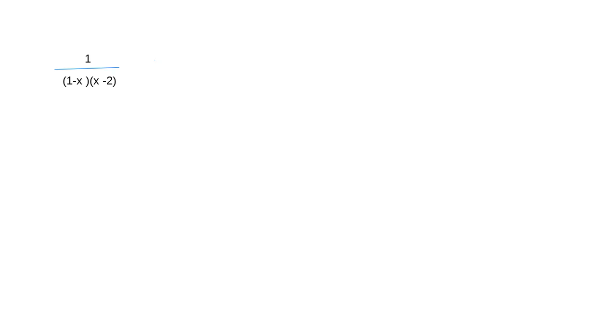So we do partial fractions. We say this one equals A divided by, then B. The first denominator I'll have 1 minus x, and the second denominator I want to write as 2 minus x.